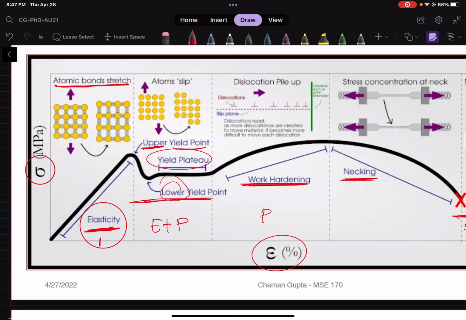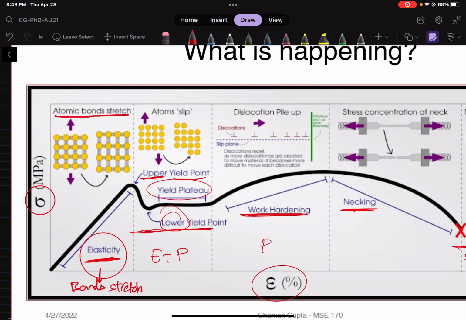So for elastic, bonds stretch. When bonds are stretching, they can come back and forth. They can stretch out and then stretch in. Because you're not breaking any bonds, when you release the material, it will follow the exact same path that it took, and it'll come back to its original shape because the bonds are just stretching.